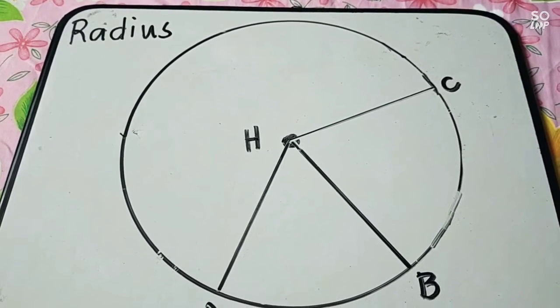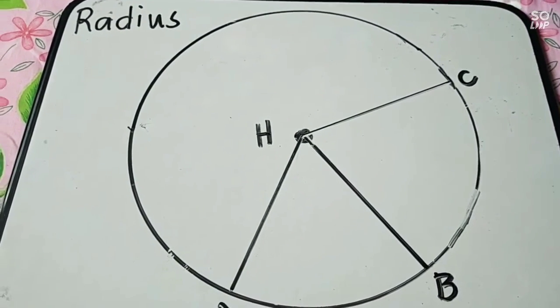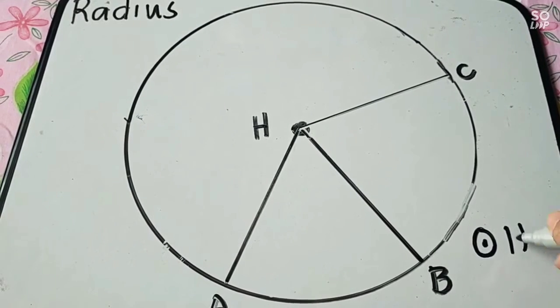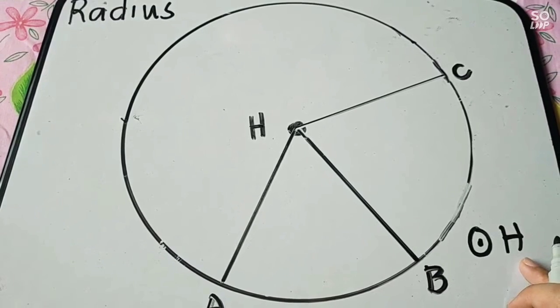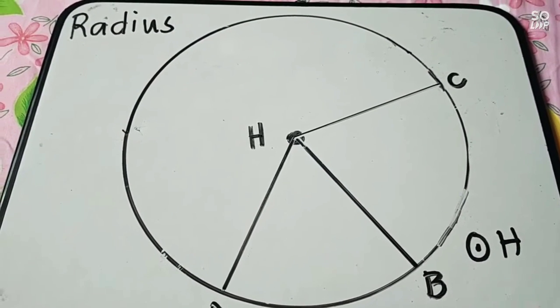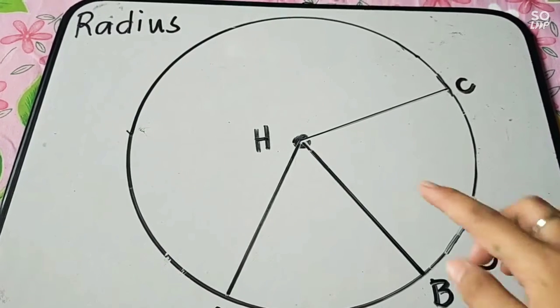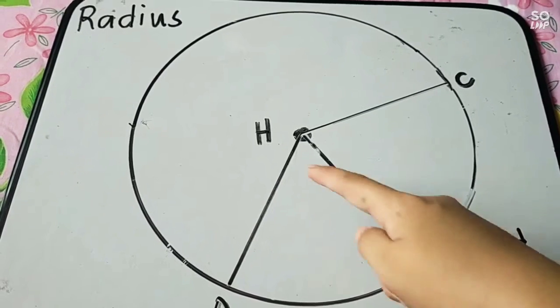So before we find the radius, let us name this circle. So the name of the circle is circle H, because our center is point H. So when you say again a radius, segment from the center to any point of the circle.